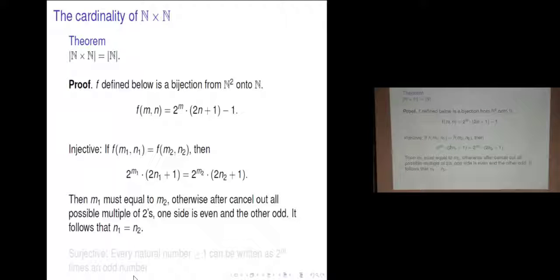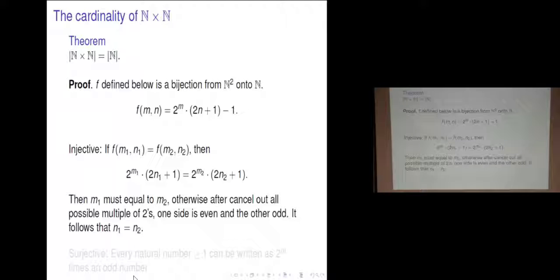Now I first convince you m1 has to be m2. Why? Suppose m1 is smaller. Let's say m1 is 2 and m2 is 5. Now I can cancel off the smaller number of 2's. So suppose m1 is 2, I can divide by 2 to the power of 2 on both sides. So this power is gone, but on the other side I still have some copies of 2's.